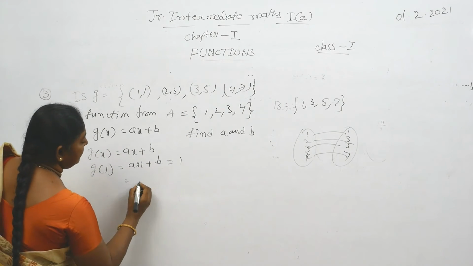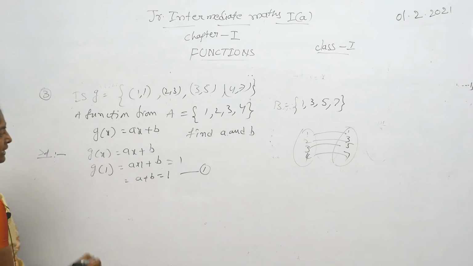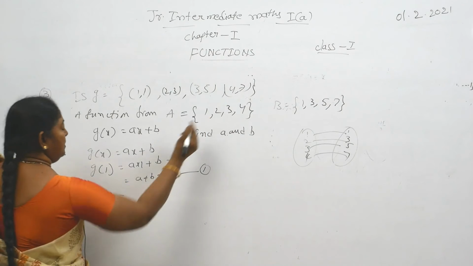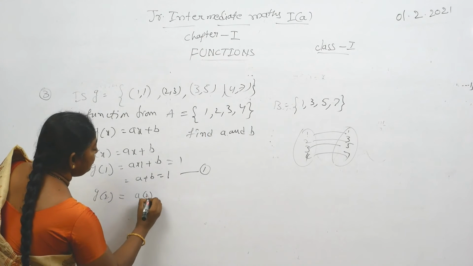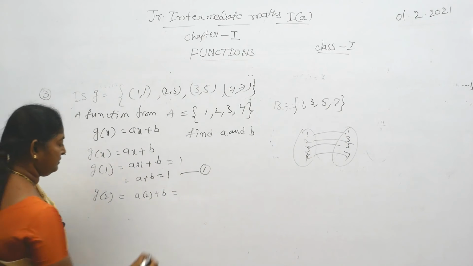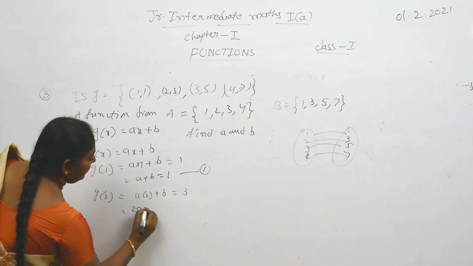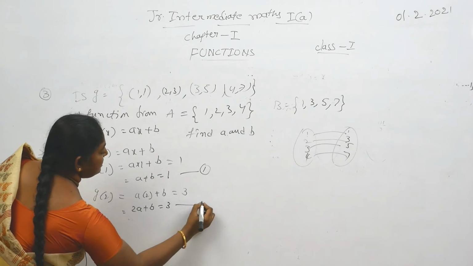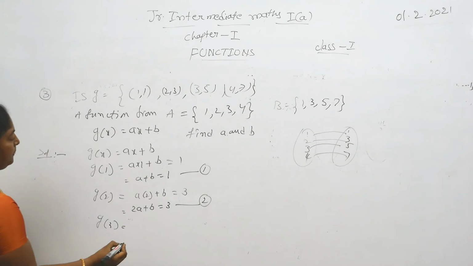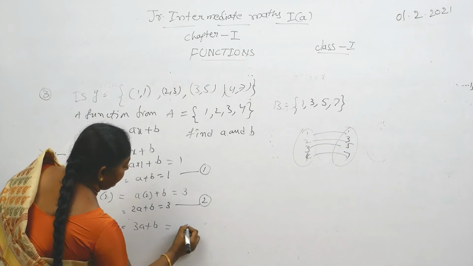So a plus b equal to 1. This is one condition. Next, second one, g of 2 equal to a into 2 plus b equal to 3. So 2a plus b equal to 3. This is the second condition. Like this, g of 3 equal to 3a plus b equal to 5.